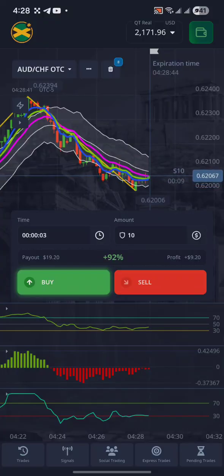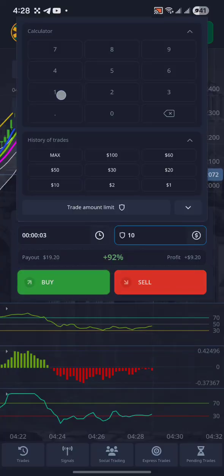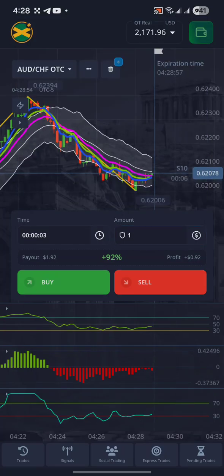How much may we just lose? I was still within tolerance, because with 2,000, we can lose 100 and something dollars.